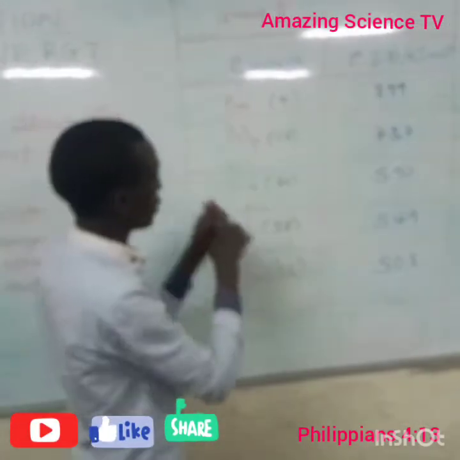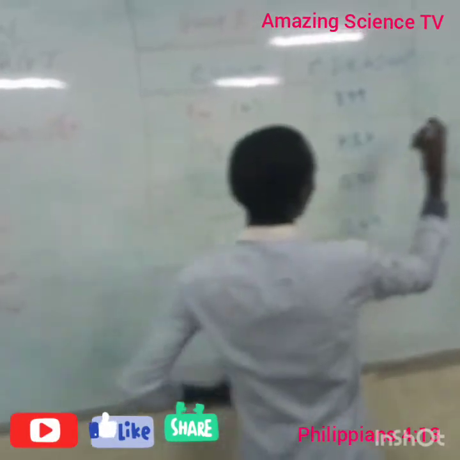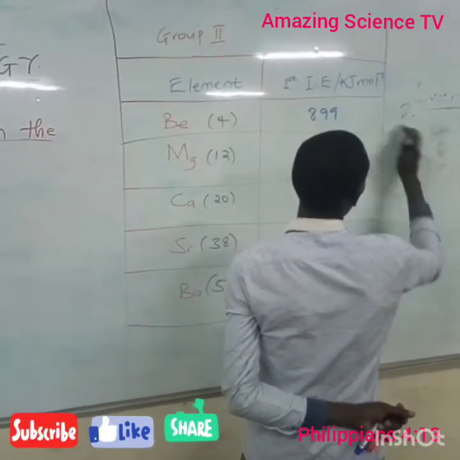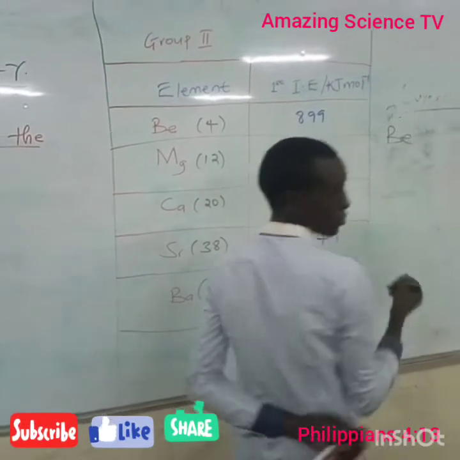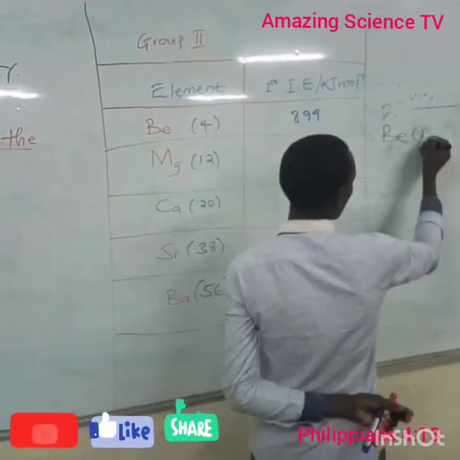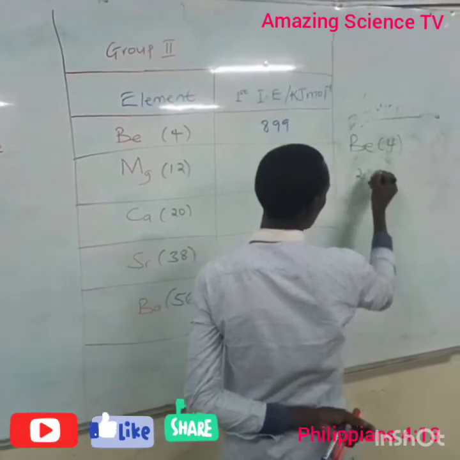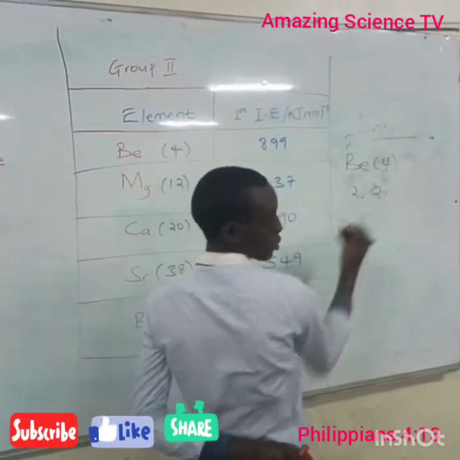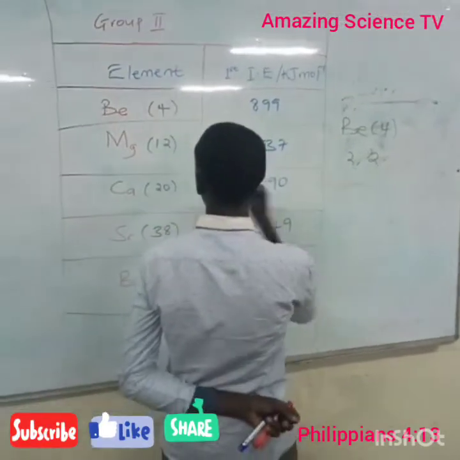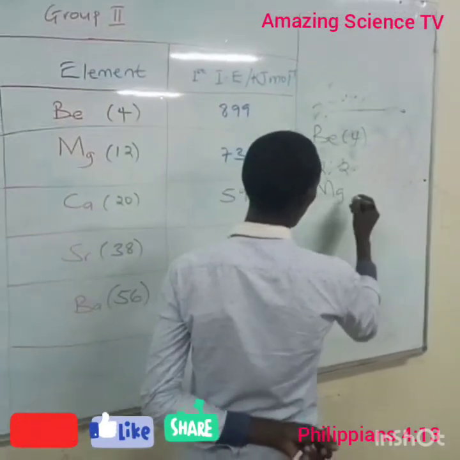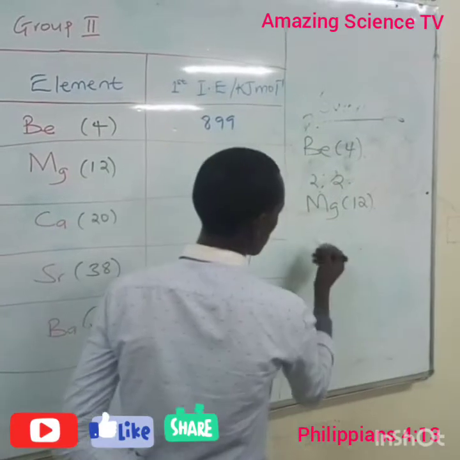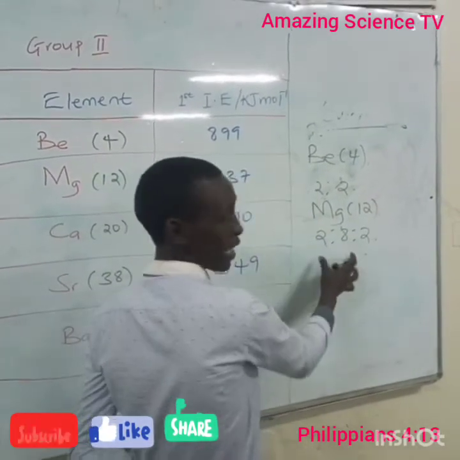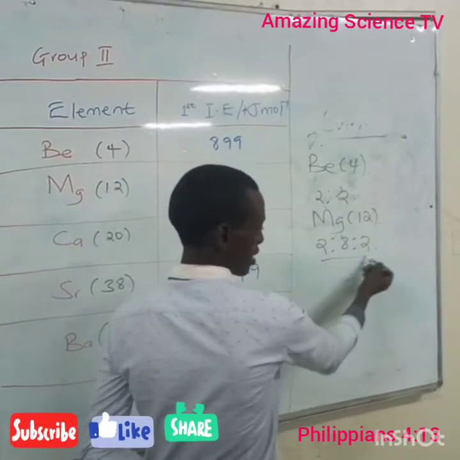If I use the O level format, beryllium that has 4 electrons has 2, 2, implying those are 2 shells. Then magnesium that has 12 is 2, 8, 2, and these are 3 shells.